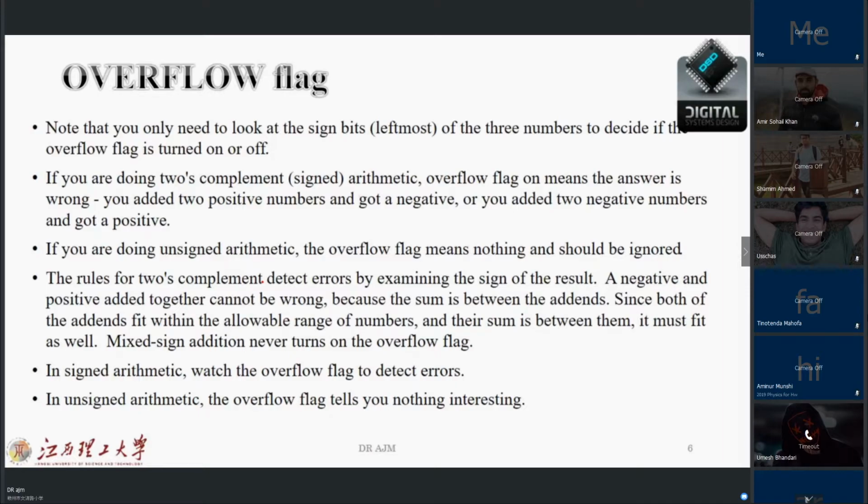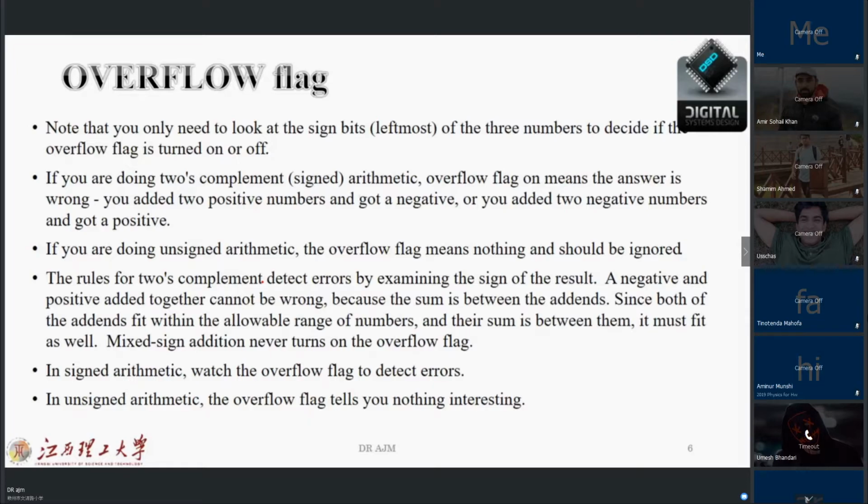Overflow flag on means the answer is wrong: you add two positive numbers and got a negative, or you add two negative numbers and got a positive. If you are doing unsigned arithmetic, then the overflow flag means nothing and should be ignored.